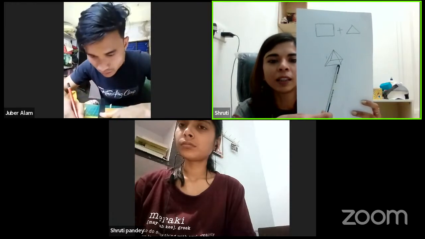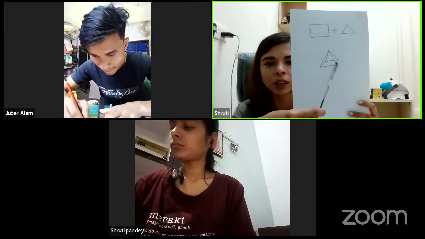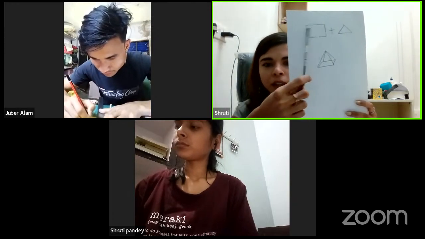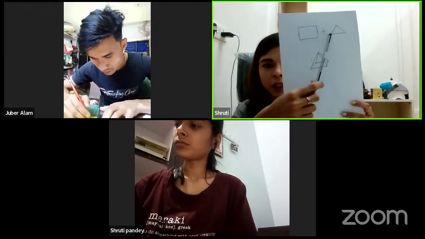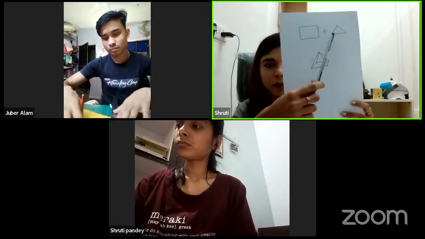So for this one, the only variation that could happen is according to the base. If you have a rectangular base, it would be different. If you have a triangular base, it would be different. But you have to constantly think about how these triangles will meet in the end. So the distance of these triangles should be equal from all the sides. So here, the triangle you'll be making should meet this triangle that you're making here in the center.